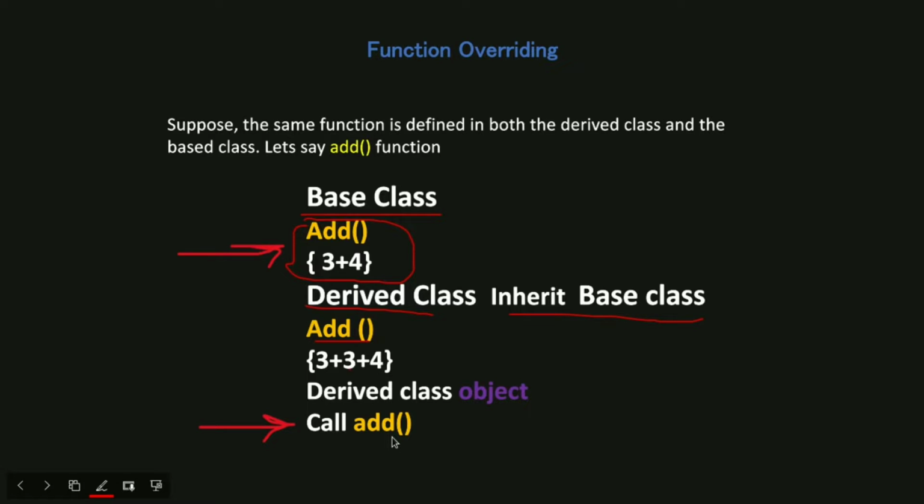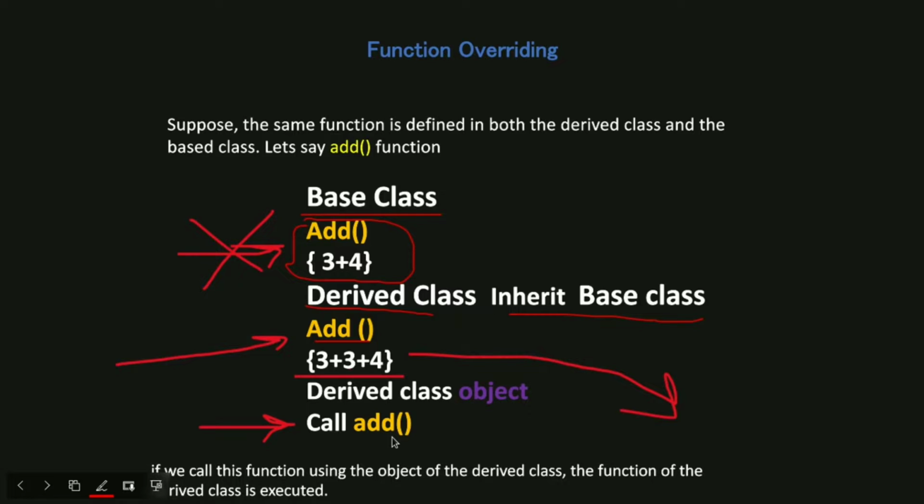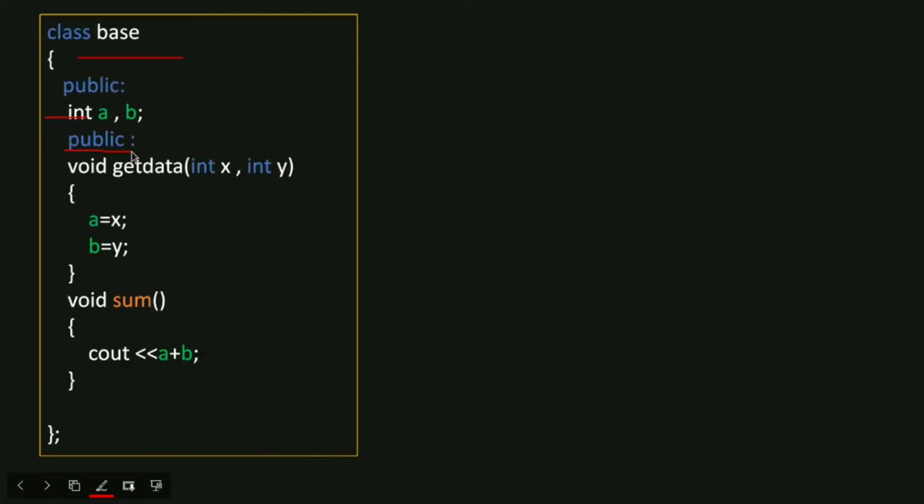Instead, it will call the derived class one, and we will get what is inside it and finally get the output. So if we call this function using an object of the derived class, then the function of the derived class will be executed, as I have just cleared up. Now let's see the program.